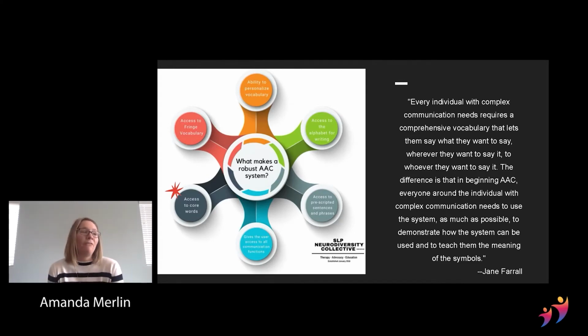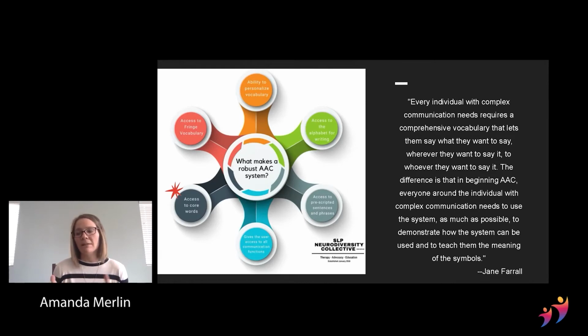There should always be an alphabet. We should always be working on literacy alongside. And along with the alphabet, hopefully these systems will have some sort of grammatical markers or a way to show and teach grammar. Literacy should be developed on a parallel track to developing language. It's not possible to have all the words that we need in these systems.